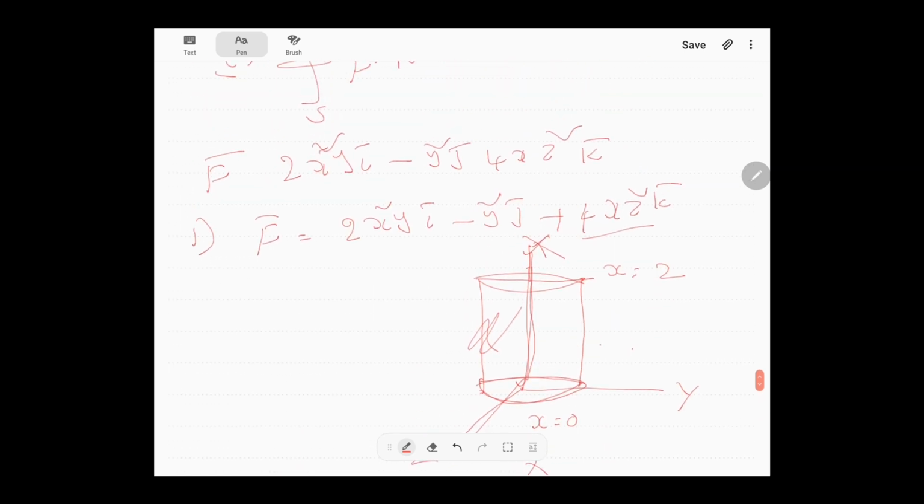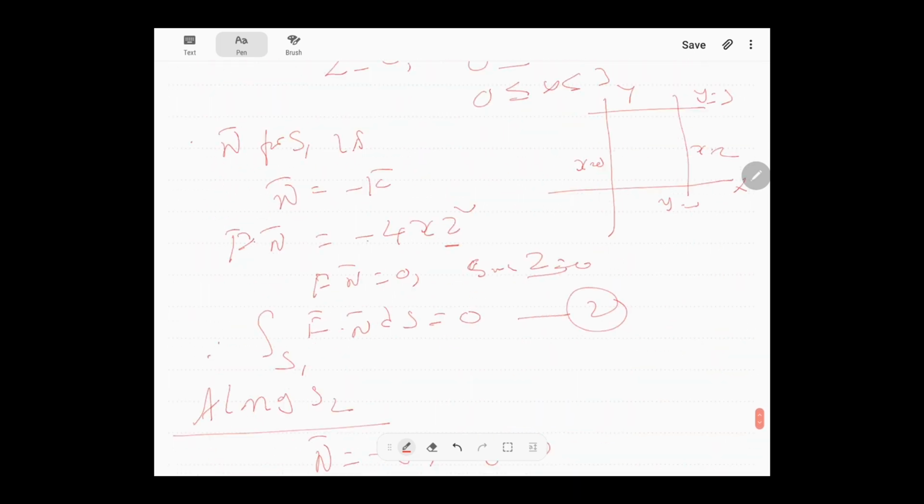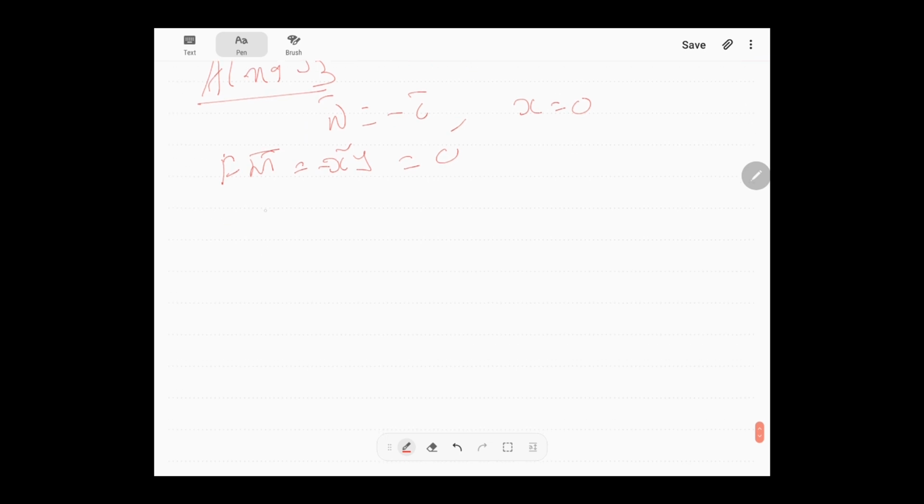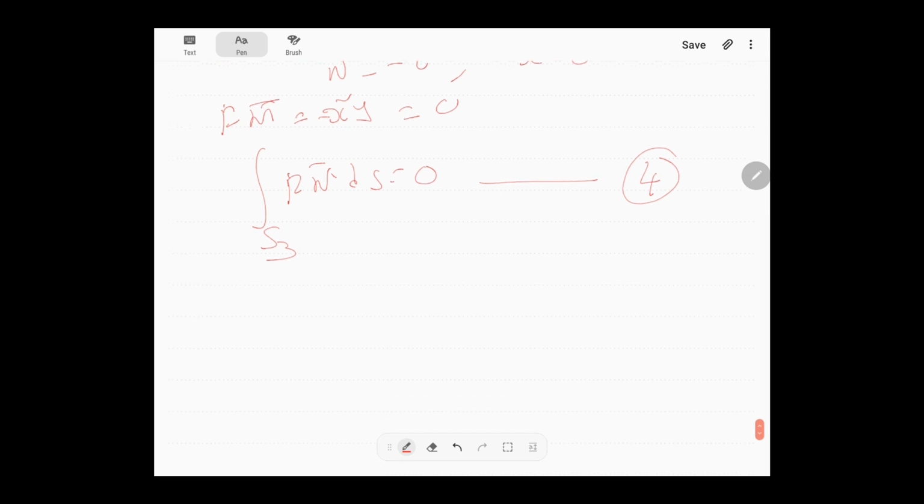Now I want f bar dot n bar. n bar is minus i bar. F bar dot n bar is minus x square y. But because x is 0, this is also 0. So integral over S3 f bar dot n bar ds is also 0. So this is the fourth equation.